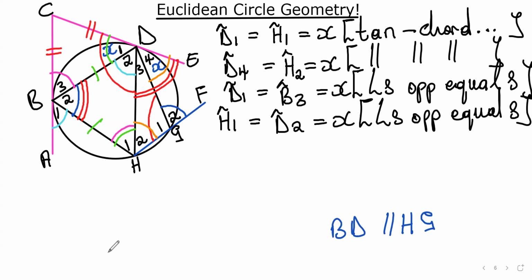Firstly, let's identify those two sides. I'll use turquoise in order to identify them. Where is BD? Well, this is BD. And where is HG? Well, this is HG, right? Now, I'm just going to ask a question here, and a volunteer can answer us.